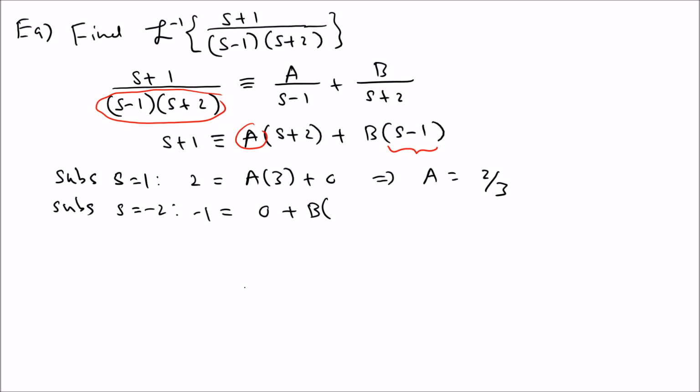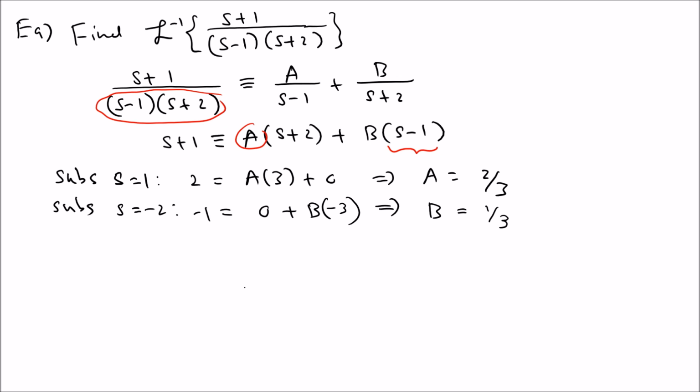So you get -3 because s equals -2 with that negative sign. So that means B equals 1/3. So we have the answers now.